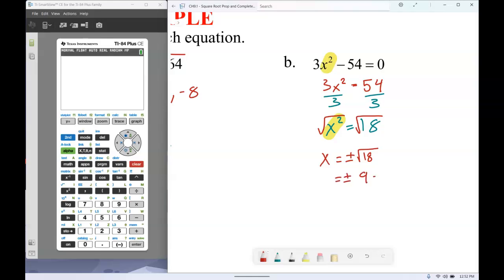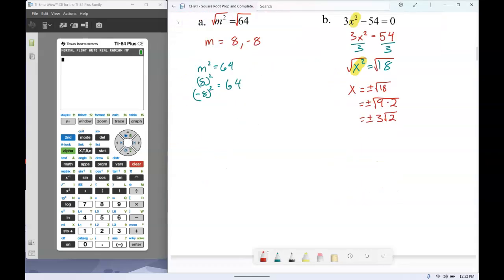And what's the square root of 9? 3. So we have the positive and negative 3 root 2 as our solution. Again, what we're looking for is getting whatever's being squared by itself, and then we can apply the square root property.